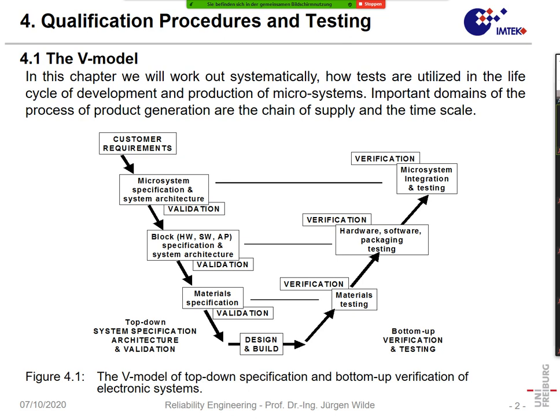The materials must fulfill certain requirements, also according to some laws or standards. And again, the testing relates to the specification, and then we go to the next level. Here we build the hardware, we program the software, and so on.